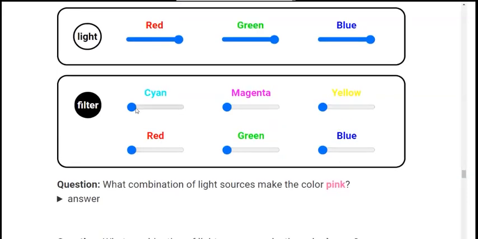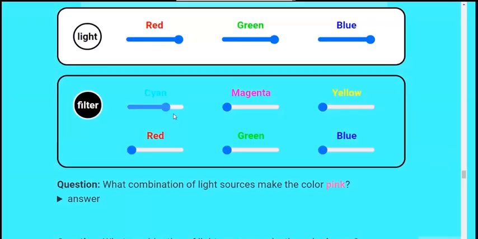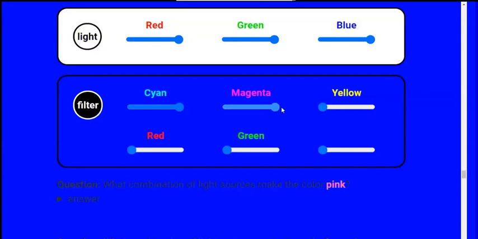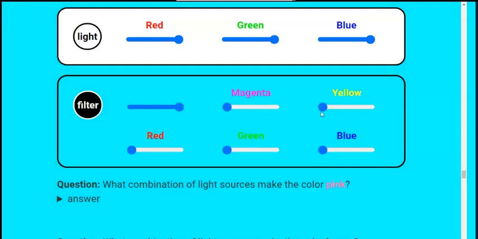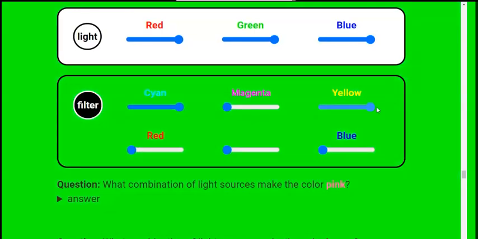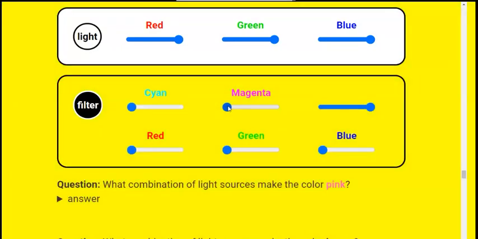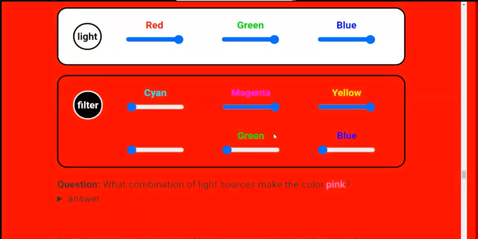Now try to understand: when you combine cyan and magenta together, then you get blue, and when you combine cyan and yellow together, what do you get? Green, and when you combine yellow and magenta, then you get red.